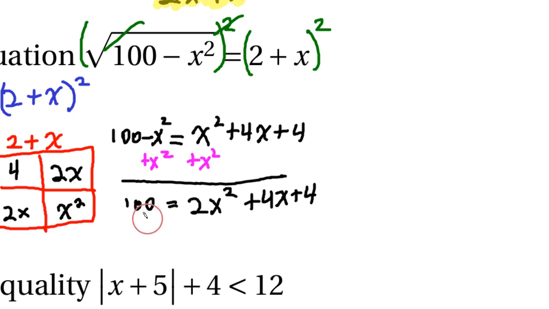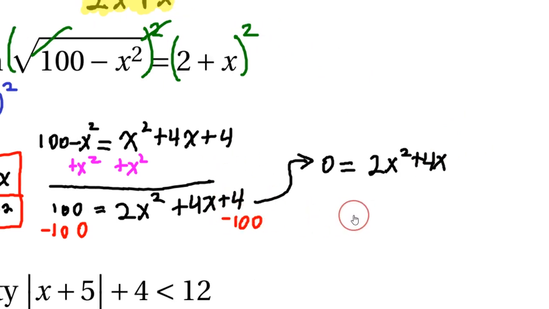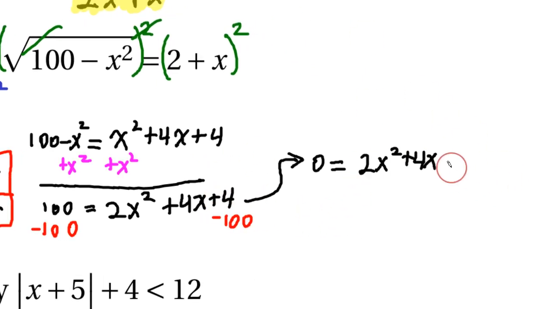Well, I still don't have a side equal to 0 yet, so now I'm going to subtract 100 from here and 100 from this side to balance it out. And now I'm going to end up getting a 0 equals 2x squared plus 4x. And then doing the 4 minus 100 right here is going to give me a negative 96.